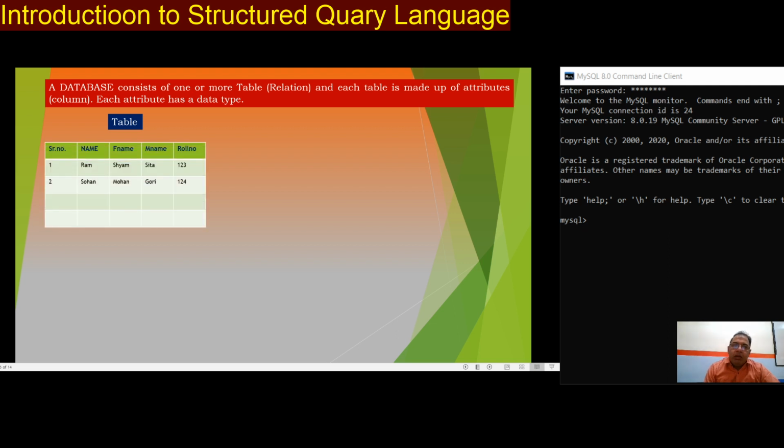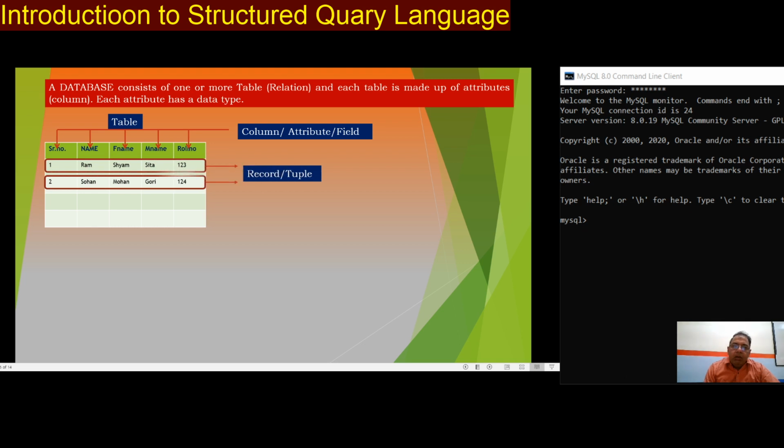Here we have a table with 4 columns. These 4 columns are known as attributes or fields. Then we have a record, a collection of column values, which is known as a record or tuple.